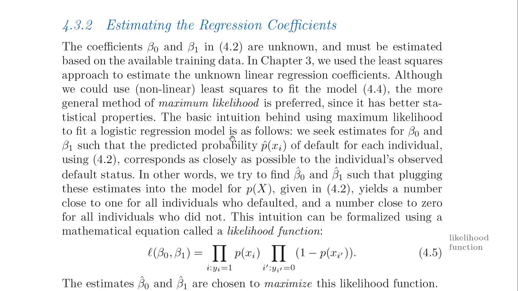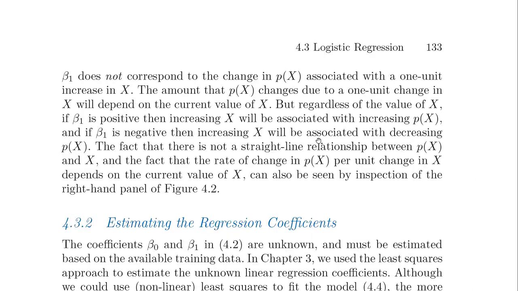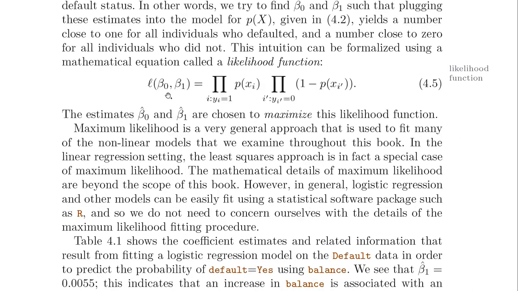Once you plug it in, for every beta naught and beta 1, you can calculate the likelihood. So likelihood is a function of beta naught and beta 1.